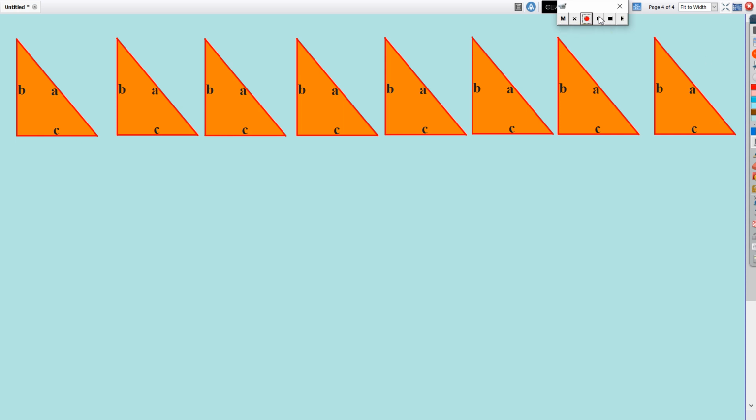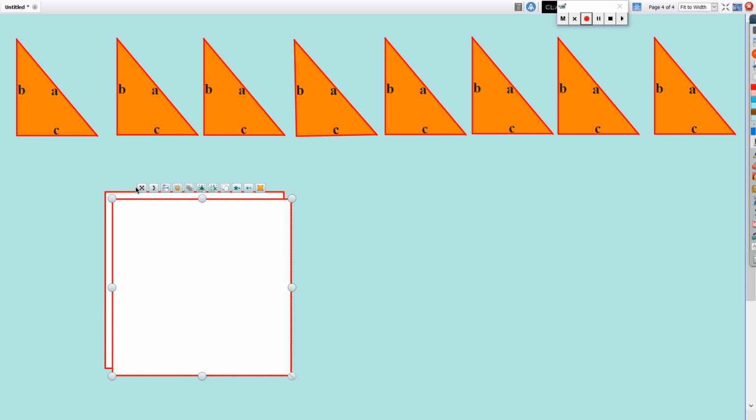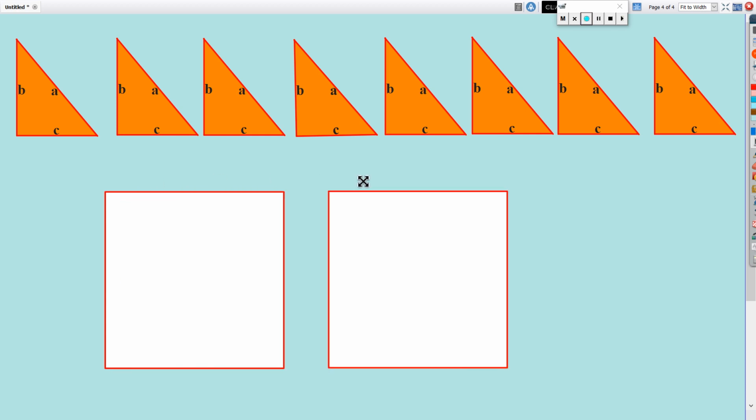Now let me take a square of length B plus C. Here is a square of side B plus C. Let me take one more square of the same size.